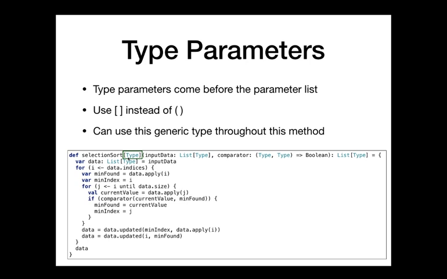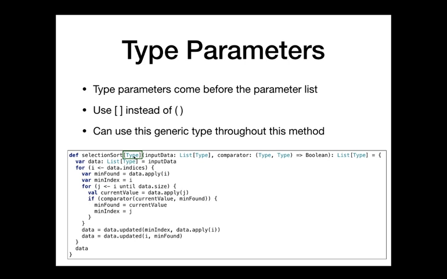And you're going to put that right there with that syntax to say that this method does not have a fully defined type. You have to provide the type when you call this method. So we specify the type and then use that type throughout the method. This type, we don't know what it's going to be when we write this method, and we don't care. It could be anything in the world. But it has to be consistent throughout the method.